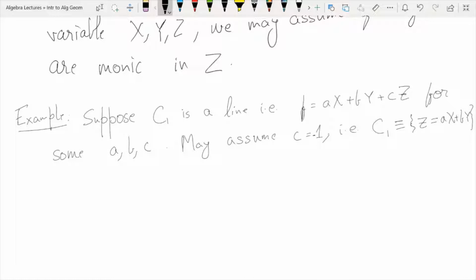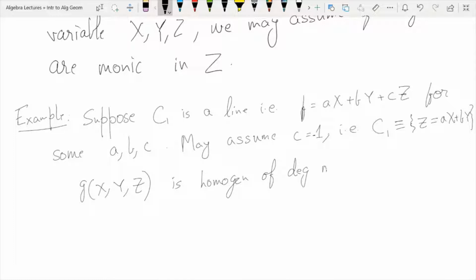So this is the curve defined by f, and then g is some monic homogeneous polynomial g(x,y,z) of degree n.